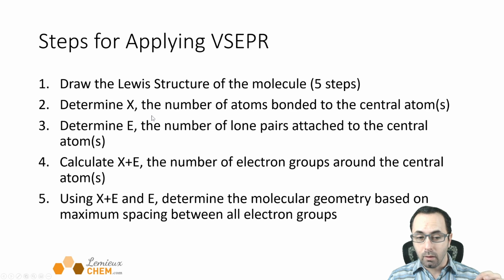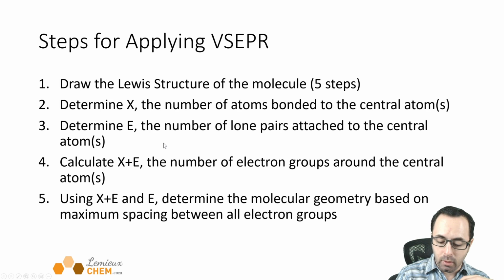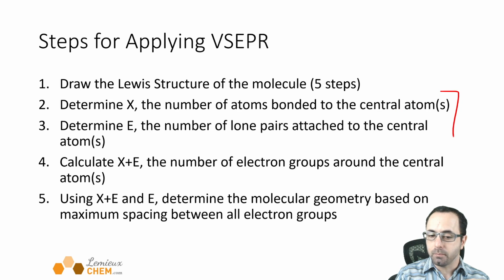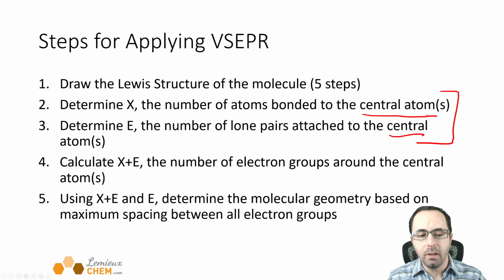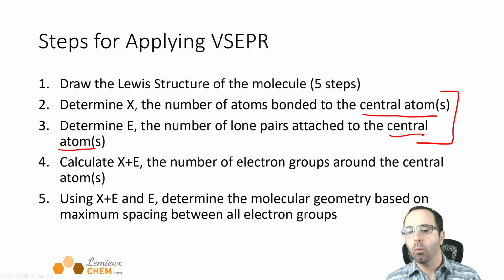Then you will look at the Lewis structure and you will determine E. E is the number of lone pairs attached to the central atom. Very important here is that we are focusing on the center atom. The shape is built around the center atom. If there's more than one center atom, then we apply the same process to every atom that is in between other atoms.